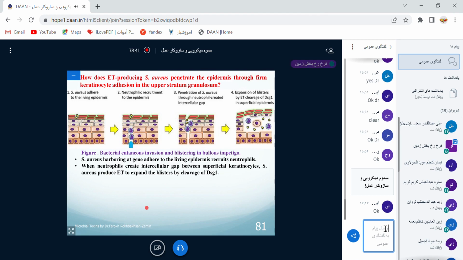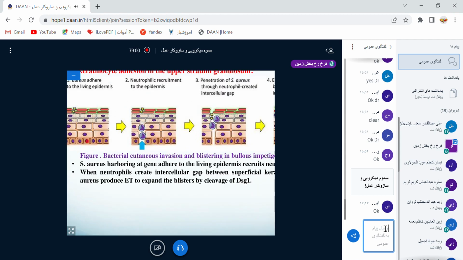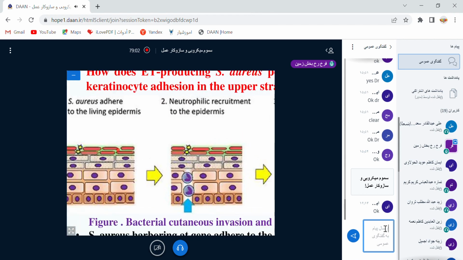So again, at last, we want to say, how does exfoliative toxin producing Staphylococcus aureus penetrate epidermal cells? Through firm keratinocyte adhesion in the upper stratum granulosum. How can bacteria go there and start producing toxin?